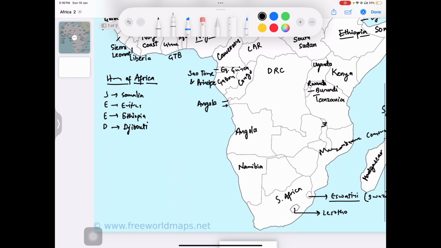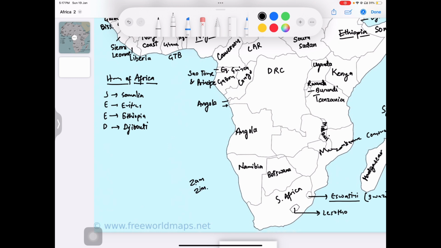This is Malawi. Okay. The one bordering South Africa is Botswana. This one here, one of them is Zambia and one of them is Zimbabwe. So Zambia and Zimbabwe. I have learned it like this.